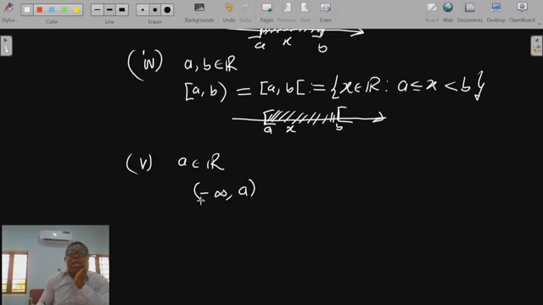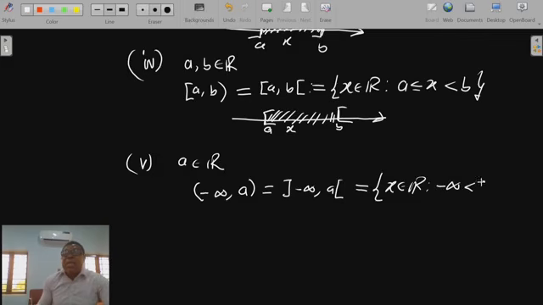This is nothing but the set of all points X in R so that minus infinity is less than X and X is less than A. And this is still equal to the set of all points in R so that X is less than A.